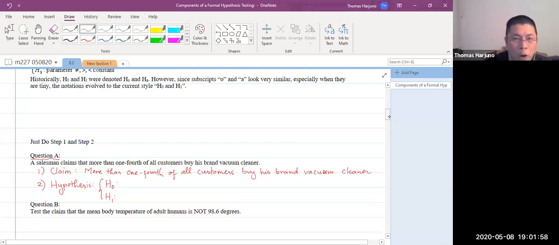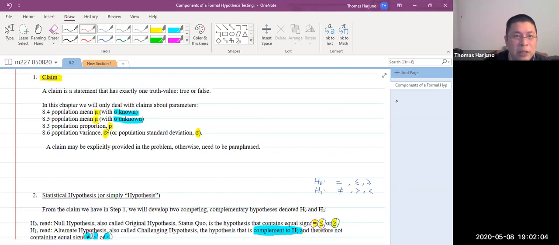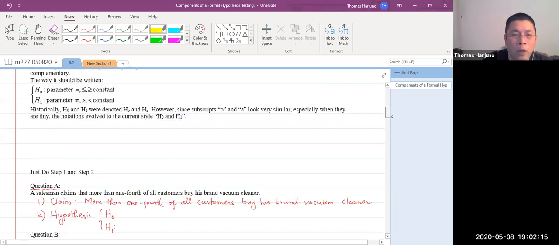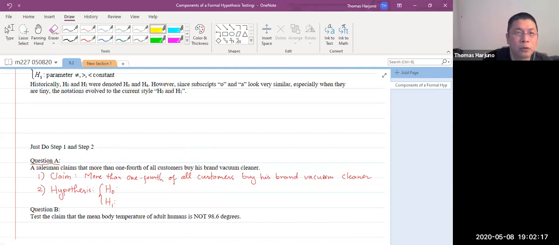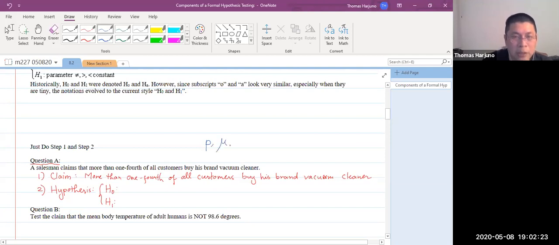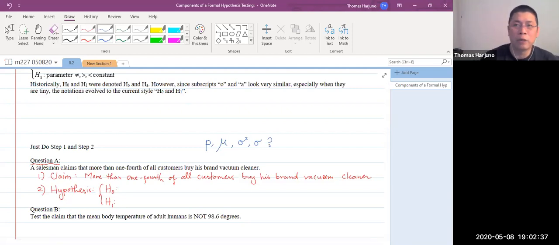When the claim says more than 1/4 of all customers, does it refer to mu, or p, or sigma squared, or sigma? When we say 1/4 of all customers, does it refer to population proportion, population mean, population variance, or population standard deviation?